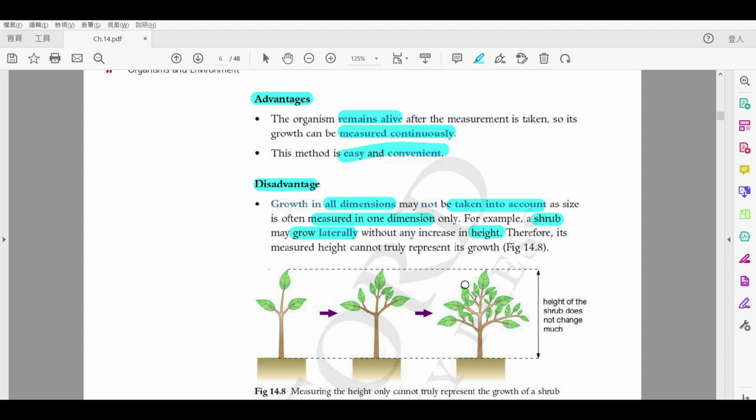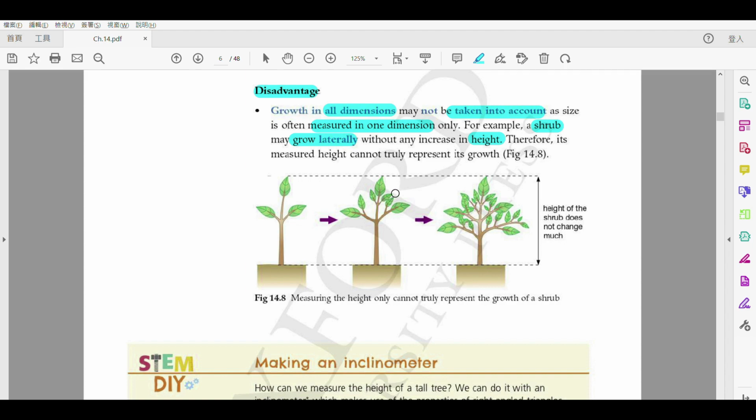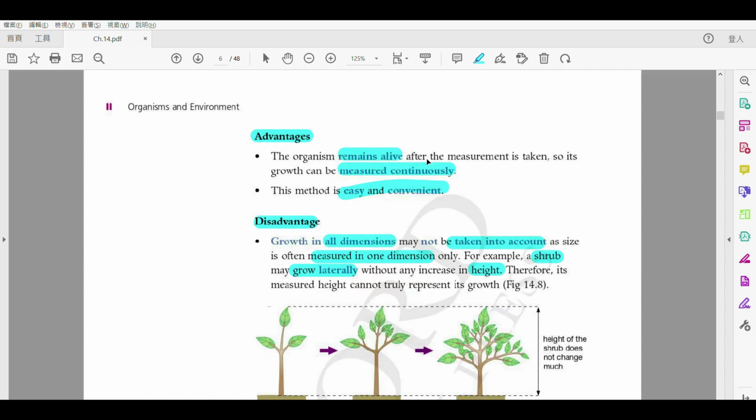Well, that is because before you measure, you may not know which parameter is the best. You may not know whether you should measure the height or the width. So you need to choose carefully. That's all about the first parameter, size.